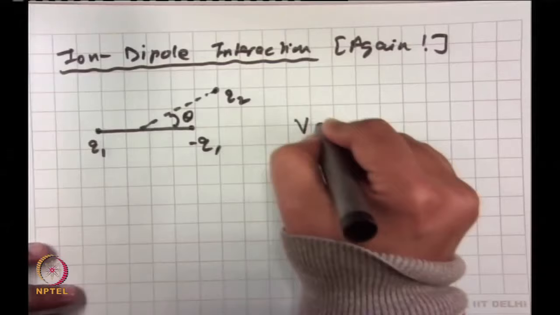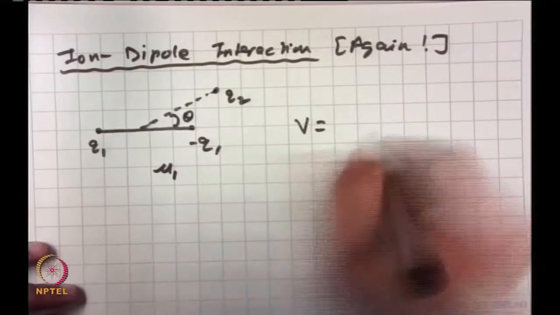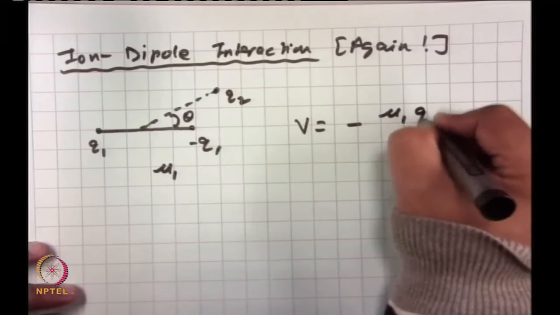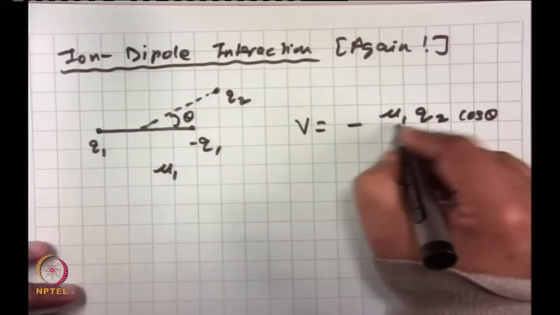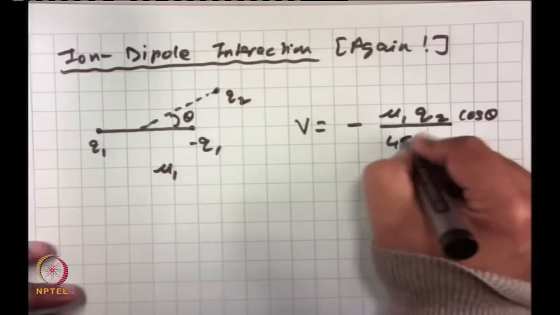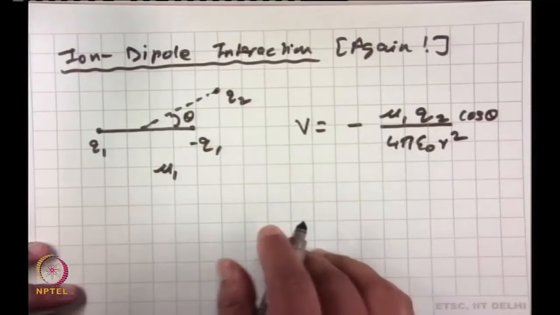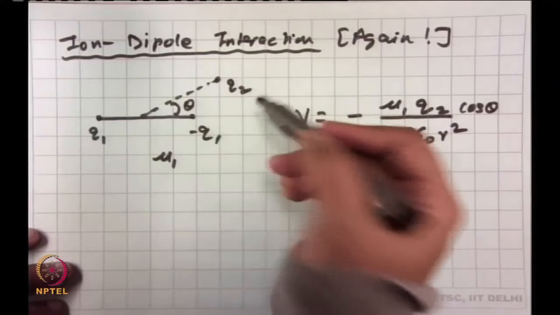And for this one, what was V? Do you remember? If this is a dipole moment of mu1, then it is minus mu1 times q2, then we had a factor cosine of theta, then we had 4 pi epsilon 0 r squared, and this is squared because we are talking about a dipole interacting with an ion or vice versa.